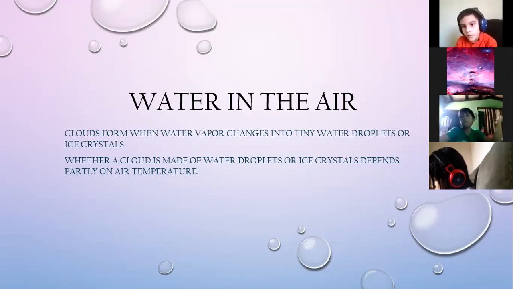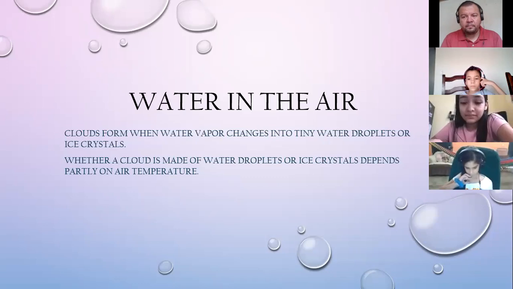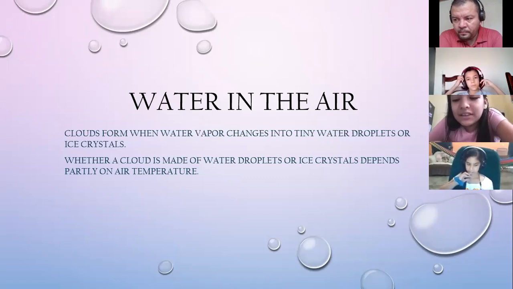As they fall, the crystals sometimes stick to other crystals and become large snowflakes. If the temperature of all the air between the cloud and the ground is less than 0, the ice crystals will fall to the ground as snowflakes.